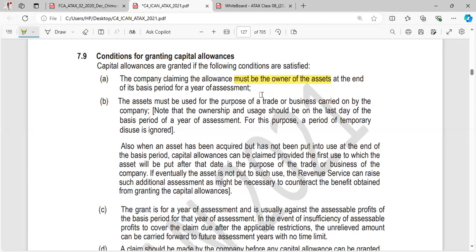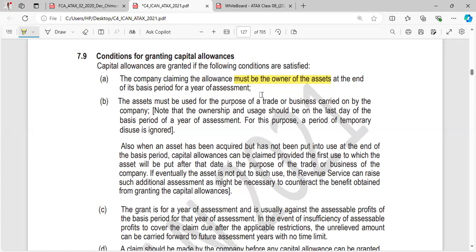Let's say you are into bakery and you have an oven fitted into your company and you are hiring it, it's on hire purchase. There are two kinds of lease: operating lease and financial lease. On operating lease, the asset is not going to be yours, so you cannot claim capital allowance.